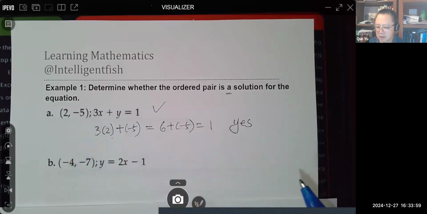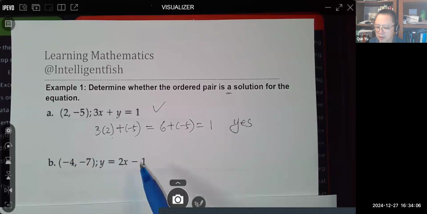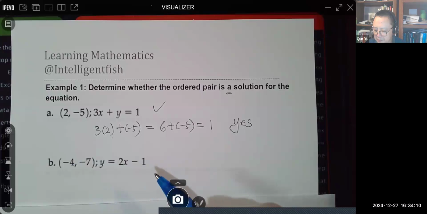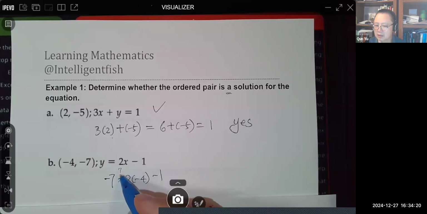So for the second one, same kind of question, we need to see if this ordered pair is a solution for this equation. So plug in: y is -7, equals 2 times x, -4, minus 1. If, again, this is a question mark at the moment, if they're equal, it is a solution.